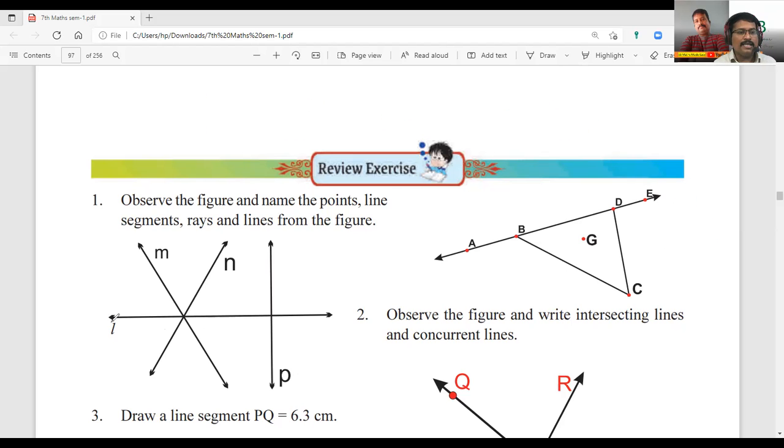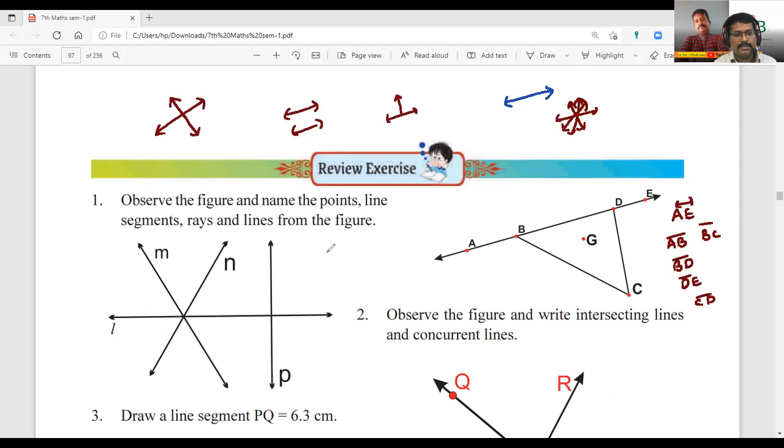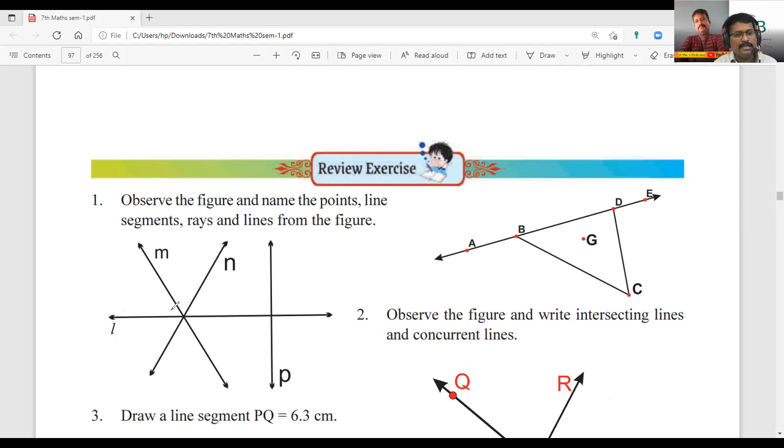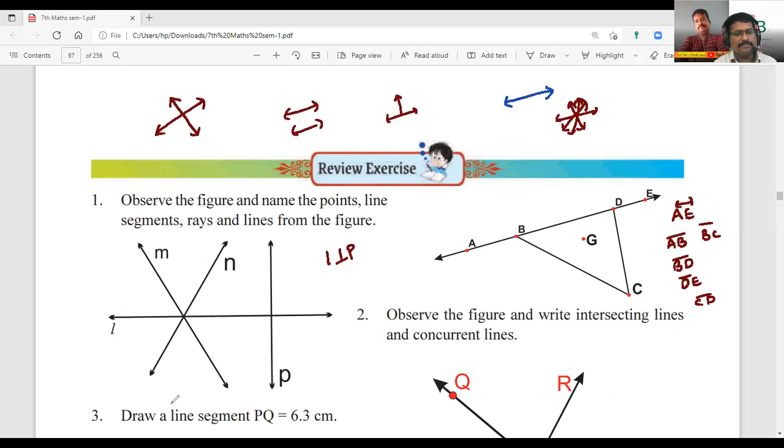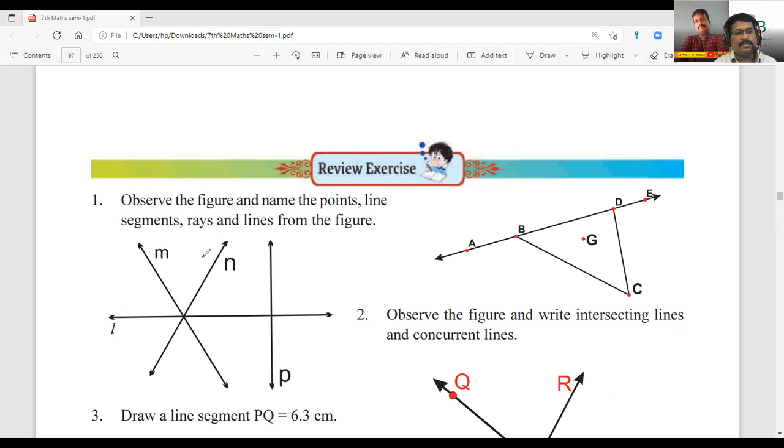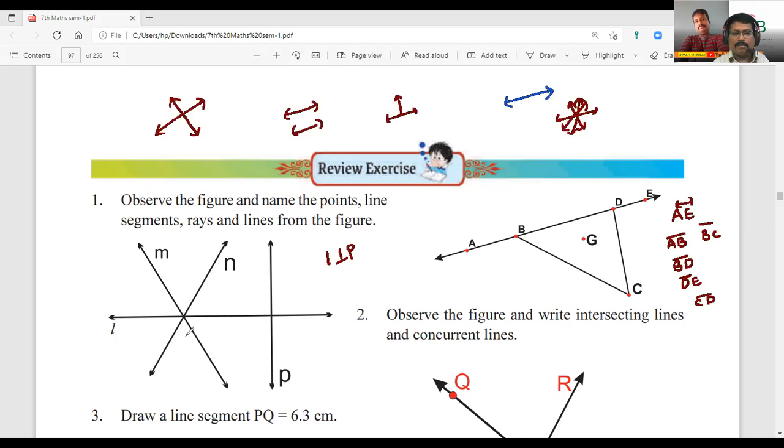In this, L and P are perpendicular; L is perpendicular to P. Next, L, M, N are concurrent lines because three or more lines passing through the same point are called concurrent lines.